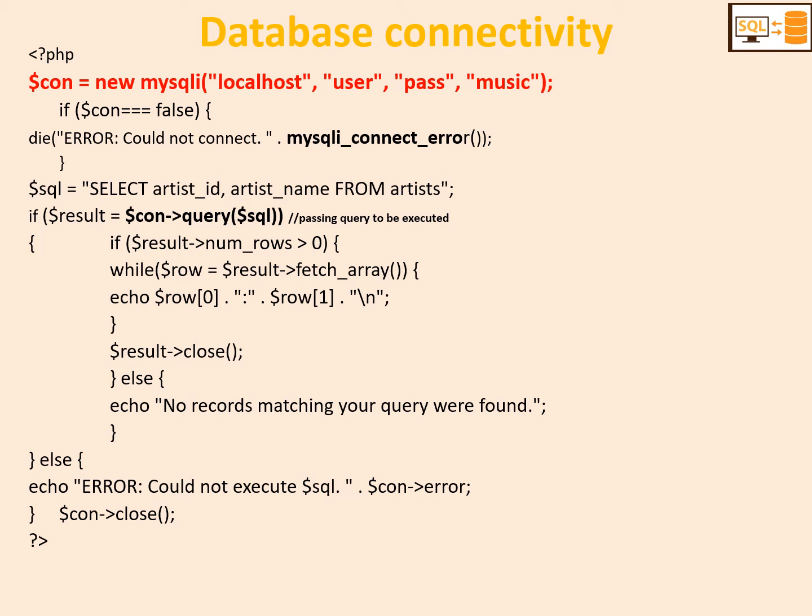Here localhost is the server name, user is the user ID, pass is the password, and music is the name of the database. Then the next is a checking condition, used to identify whether the connectivity is established or not.